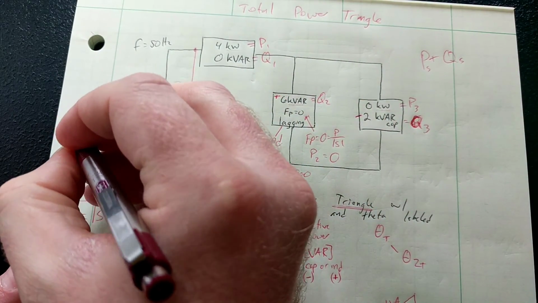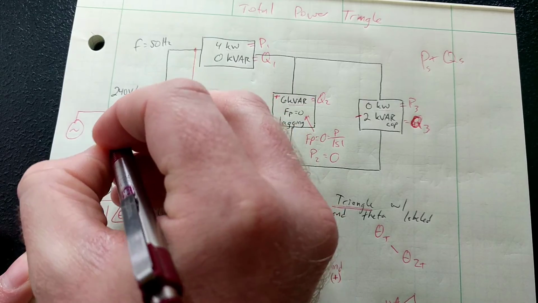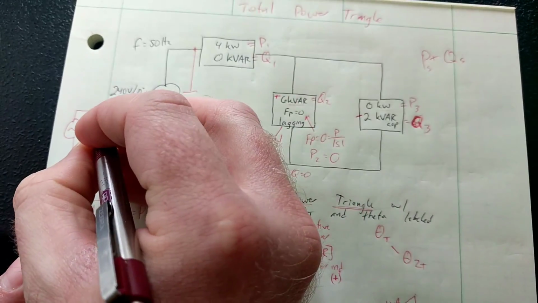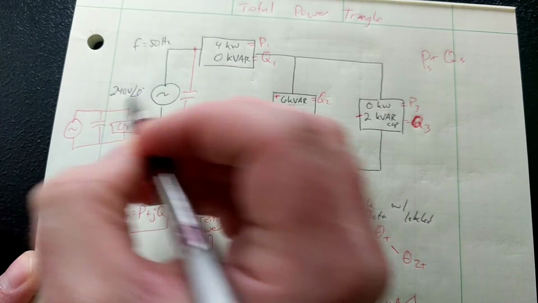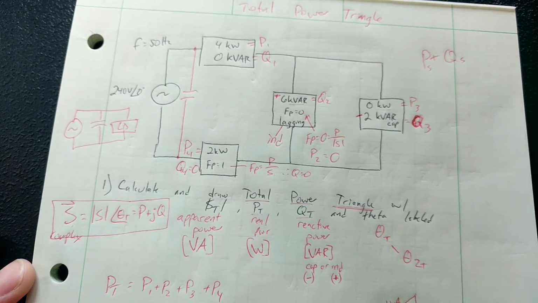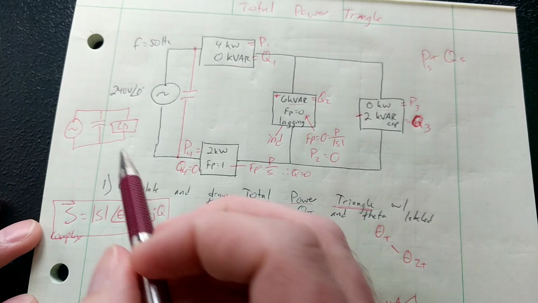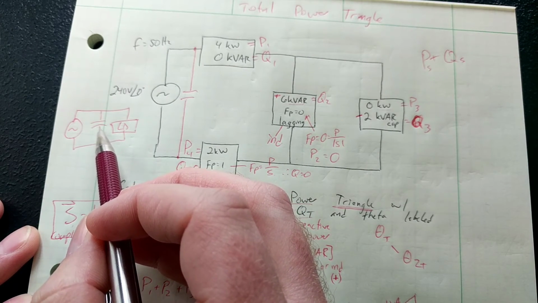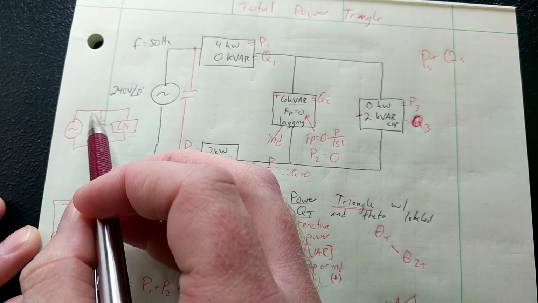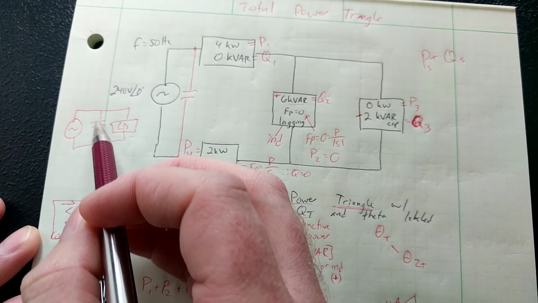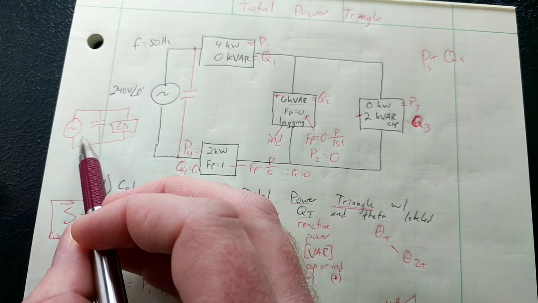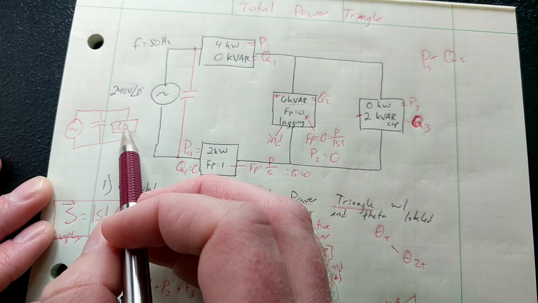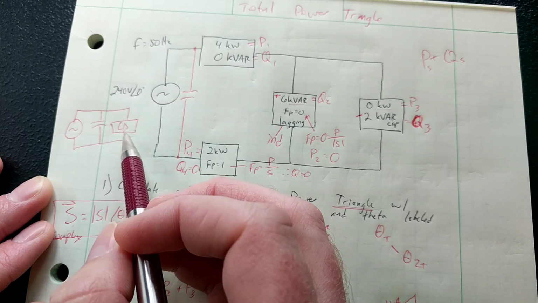Total load being if I had it like this and I had all of my load added up, then I would put in a capacitor. And the reason we put it in parallel is because in real life, it's not just one capacitor, it could be hundreds of capacitors. And if one fails, we don't want the whole circuit to become an open. So we put it in parallel so that if we had lots and lots of capacitors and one failed, our circuit would still work. It just wouldn't have as great of a power factor at that point.